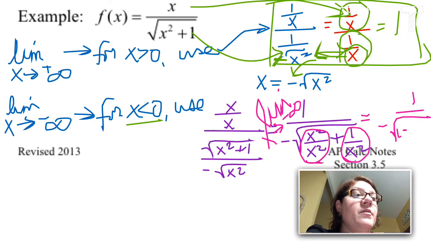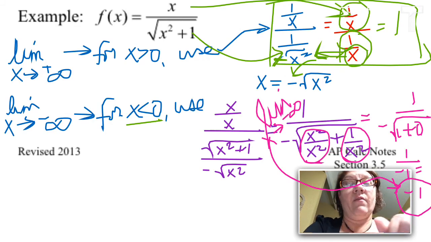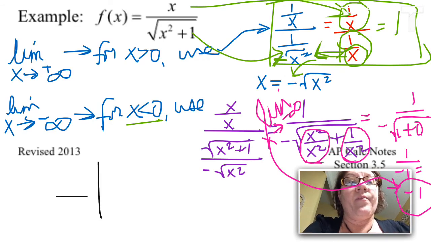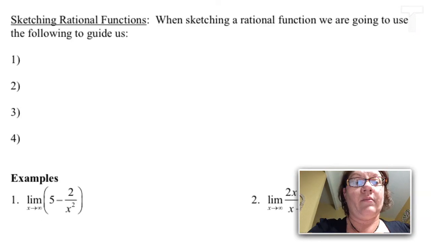So I'll have 1 over negative 1, which is negative 1. So as x goes to negative infinity, I get negative 1. So again, what's happening on that graph is I'm going to get a horizontal up here at 1 for positive infinity, and a new horizontal down here for negative infinity.